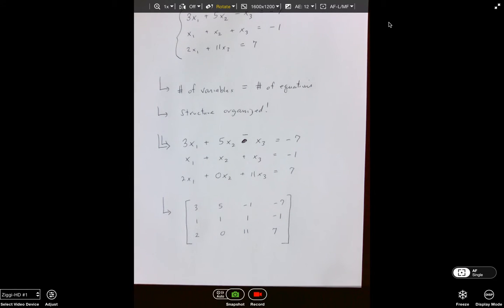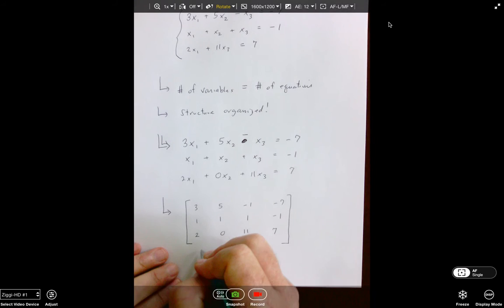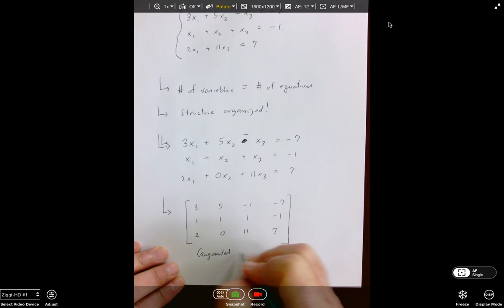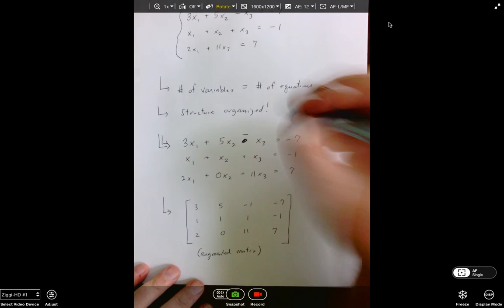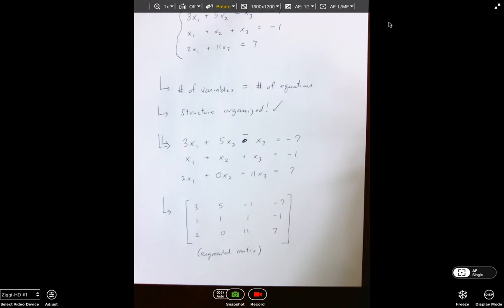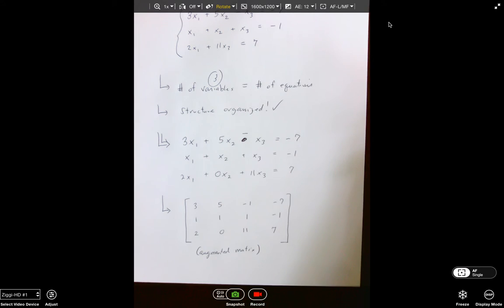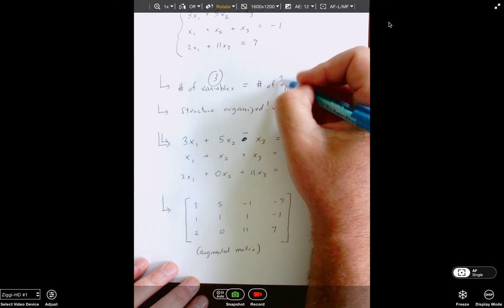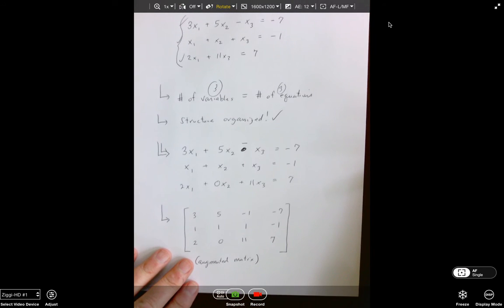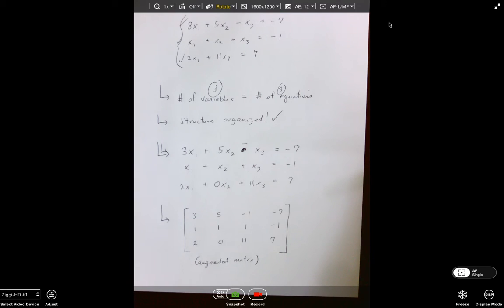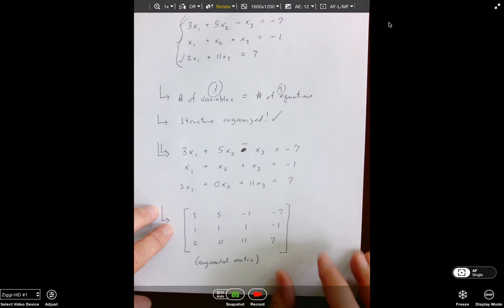Notice all I did in the augmented matrix is put the coefficients of the problem in an organized structure. I've got 3 variables, x1, x2, x3. I've got 3 equations, the first one, second one, third one. Okay? So life is good. Well, I don't know if it's good or not, but at least it's set up to do this type of problem.